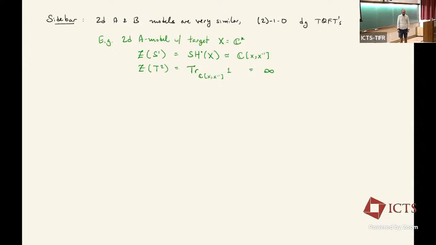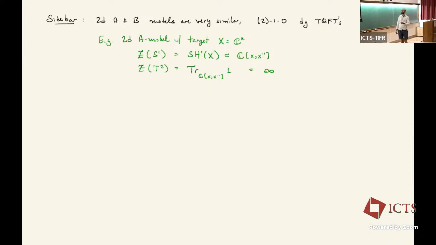The caveats about infinite dimensionality of state spaces and invariants not being defined in the top dimension are not new here. These are familiar features in two-dimensional A and B models. For example, taking the 2D A model with target C*, one, I guess, physically would say that the space of local operators looks like functions of X and X inverse.